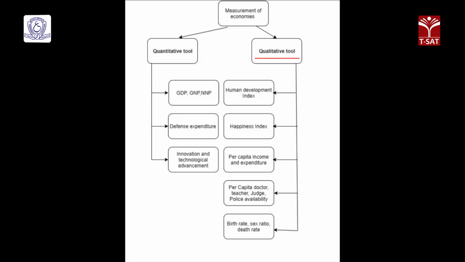Whereas in the qualitative tool, we measure qualitative aspects such as human development index, happiness index, per capita income and expenditure, per capita doctor, teacher, judge and police availability, birth rate, sex ratio and death rate in the country. These come under this category.